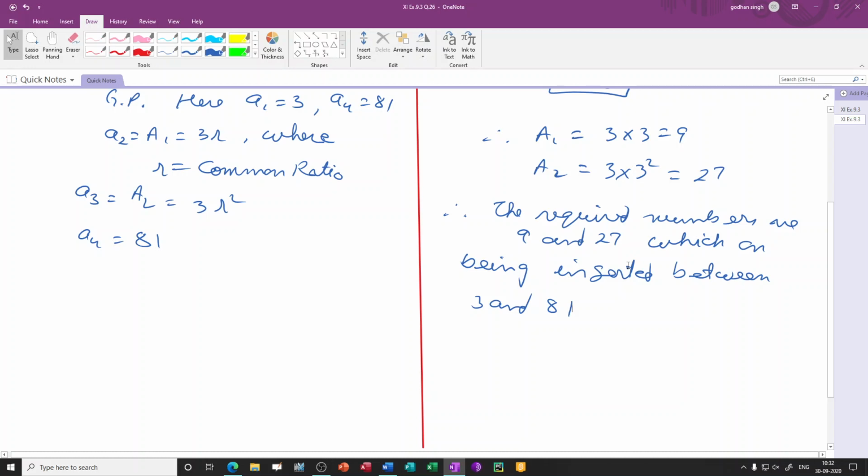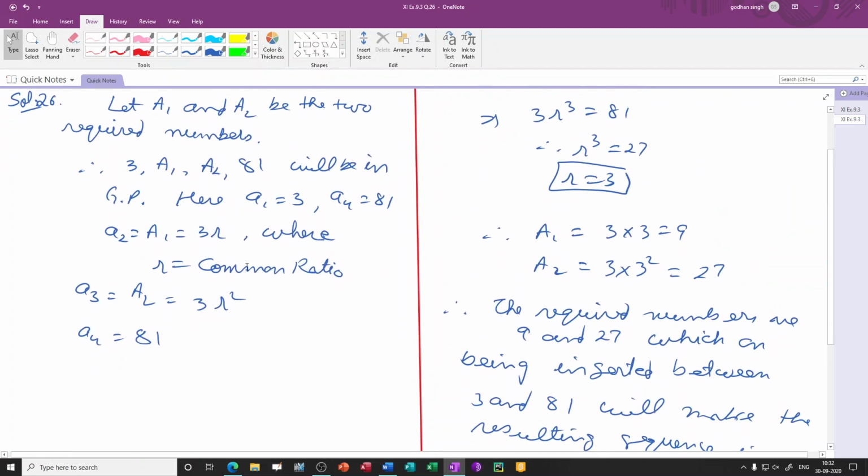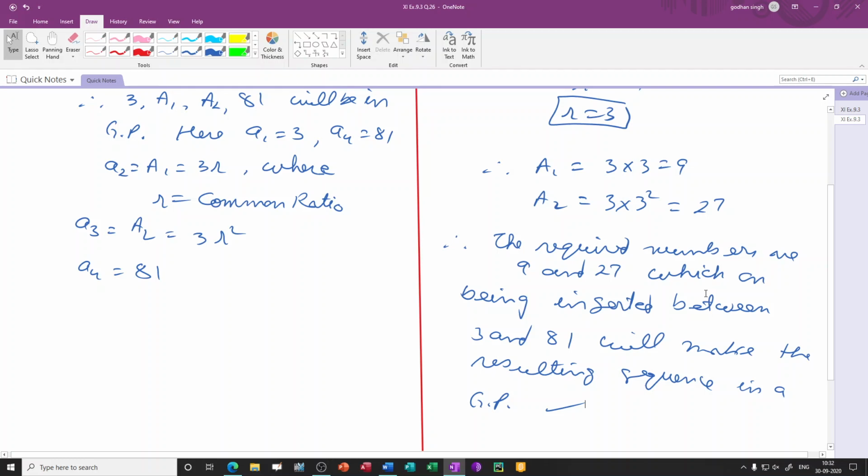The required numbers are 9 and 27, which on being inserted between 3 and 81 will make the resulting sequence a GP. So this is the solution of question number 26, and with this it is complete.